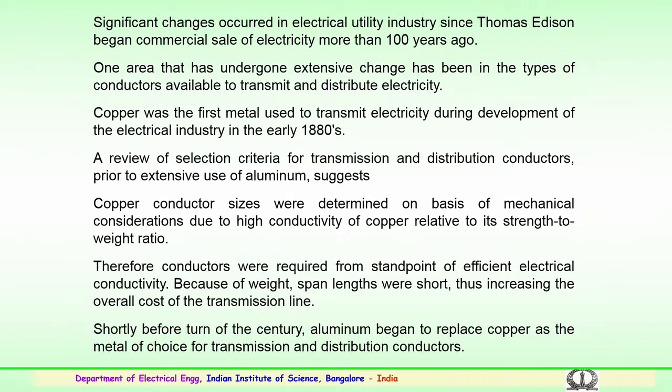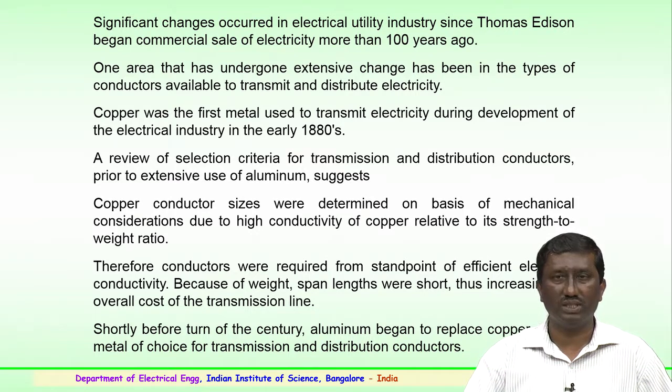One of the areas that has undergone extensive and rapid changes has been the types of conductors, particularly for the transmission and distribution of electricity. Initially copper was the first material used to transmit electricity, particularly during the development of the electrical industry in the early, late 1880s.